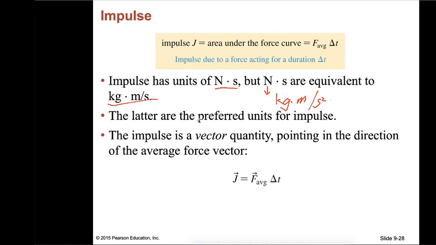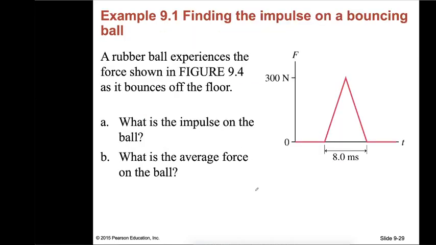So the latter is the preferred unit for impulse. The impulse is a vector quantity pointing in the same direction as the average force vector. So let's remember, impulse is a vector. It has the same direction as the average force.